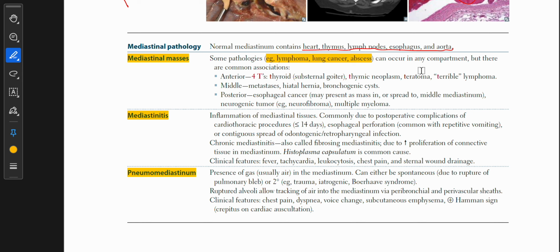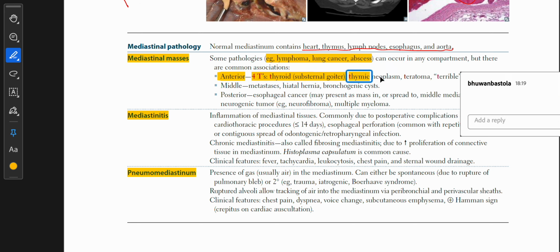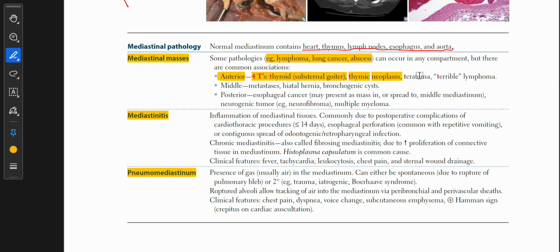But there are common associations. In anterior compartment, there are 4 T's, because thyroid is in our anterior region. That can occur as substernal goiter, and also thymoma or thymic neoplasm, and then teratoma, and then terrible lymphoma.